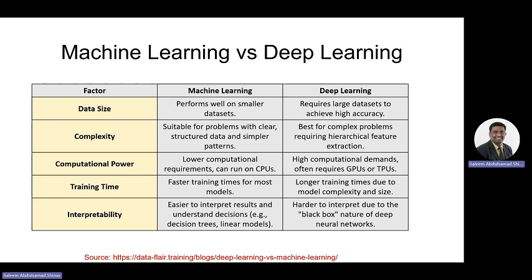The training time of machine learning will be lesser compared to deep learning because of the complexity and the data size. And for interpretation, we are able to understand the output of a machine learning algorithm, but it is very difficult to understand the output generated from deep learning, since it is like a black box. It includes a lot of layer connections, and the data from each layer, the complex structure is there. Clear?